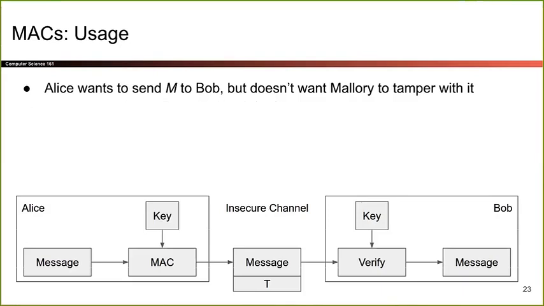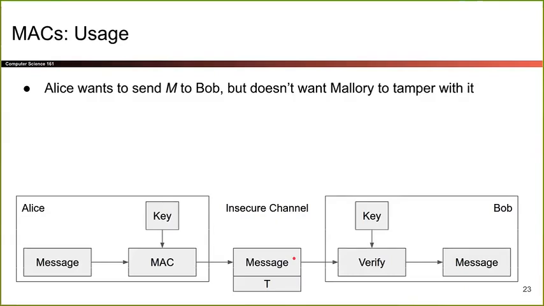So in the analogy, I guess, if you remember that, what Alice does is she takes her special tape that only Alice can create, and she seals the message in an envelope and then puts tape on the envelope. And then she sends the envelope with the message and the tape over the insecure channel. And then if Mallory tampers with the message, what does she have to do?